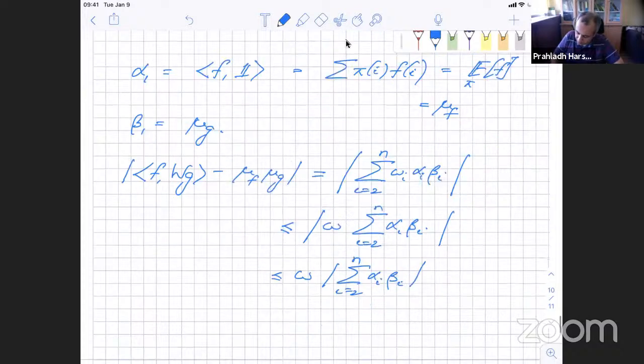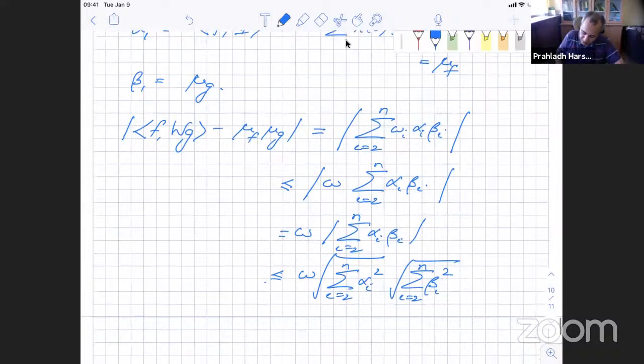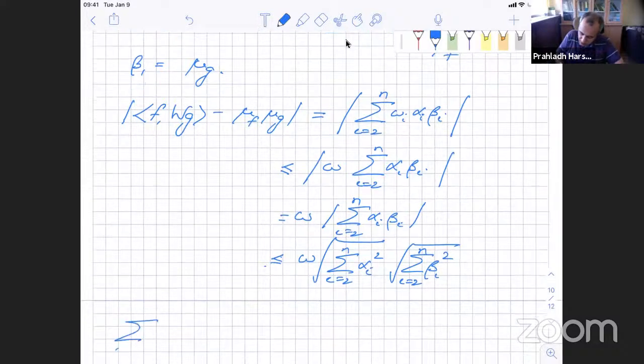Now I'm going to apply Cauchy-Schwarz. This is at most the square root of the summation of alpha_i squared, times the square root of the summation of beta_i squared. But let's look at what the sum from i equals 2 to n of alpha_i squared is.